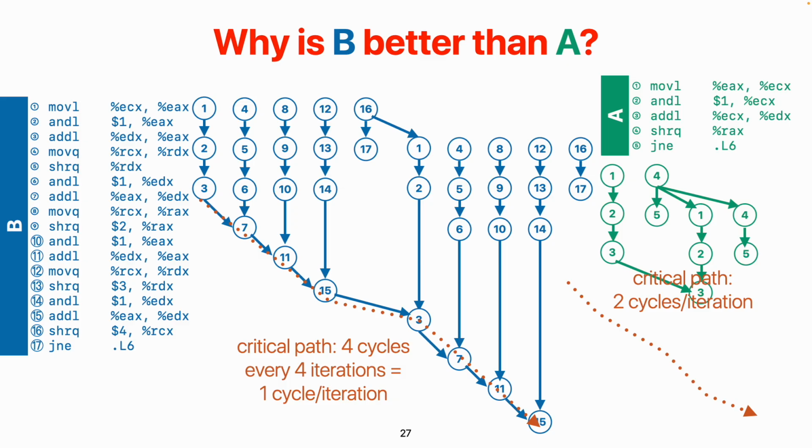But from this, it will tell you that if you consider the number of instructions it has to perform, you only need 4 cycles for every 4 iterations for this giant amount of instructions. So its CPI is actually going to be slightly better, and given you have a smaller instruction count, that's why B is better than A, right?